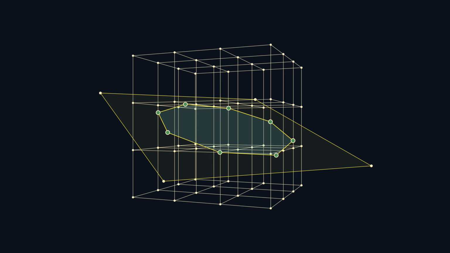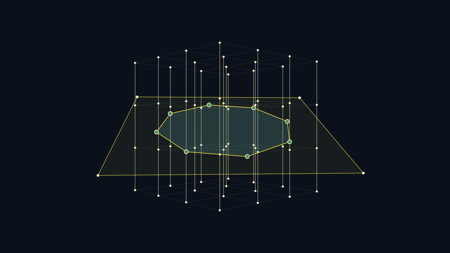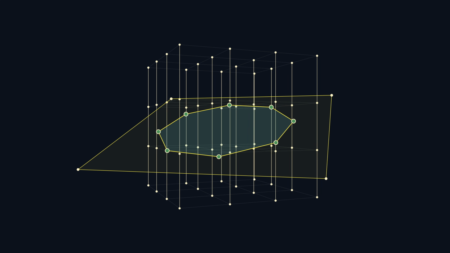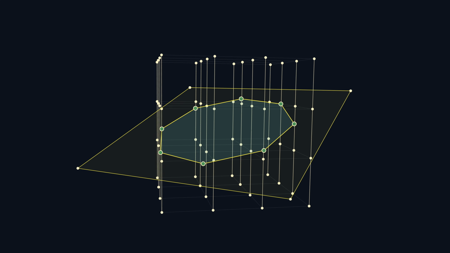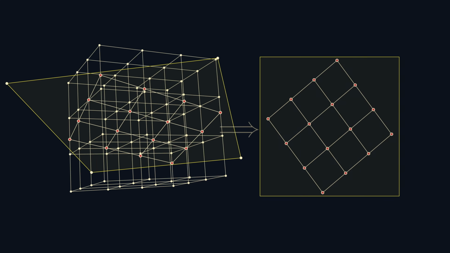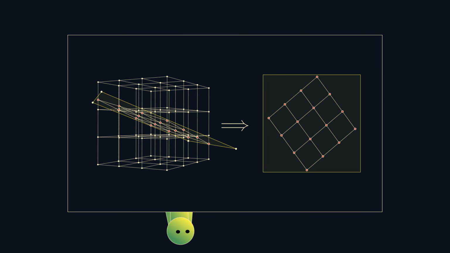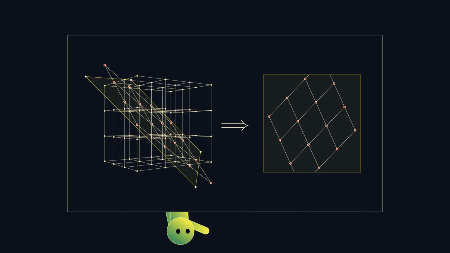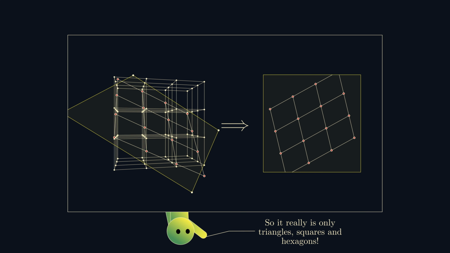What if I just isolate the grid lines which go in one direction? Look, almost like magic, the intersection of these lines with the plane form a grid. And not just any grid, it's a grid of parallelograms. Therefore, the only regular shapes we can draw on a 3D grid are those which we can also draw on a grid of parallelograms.